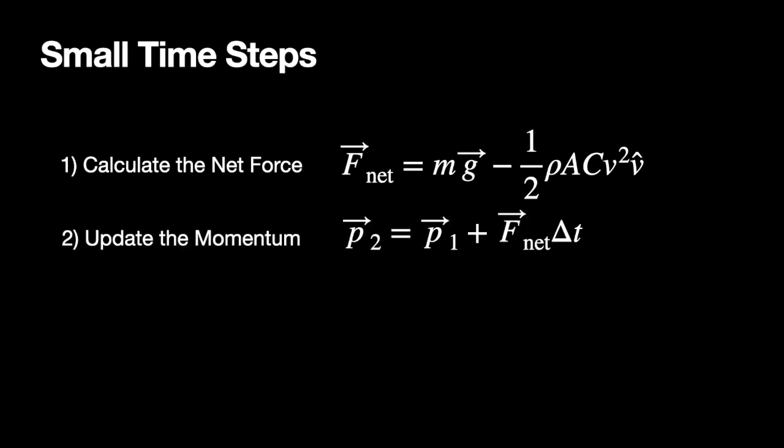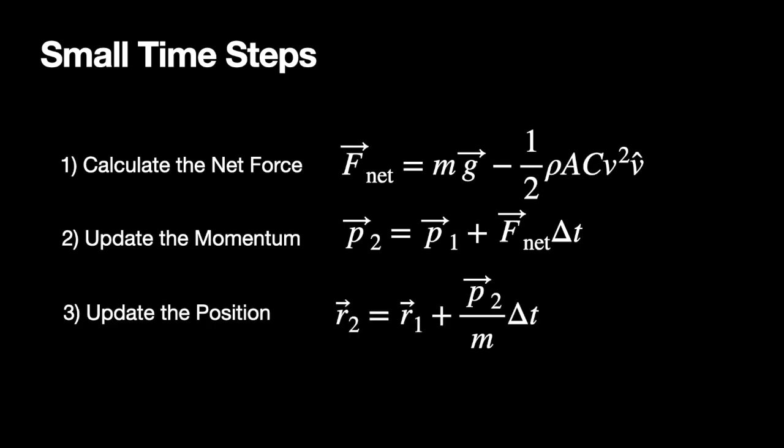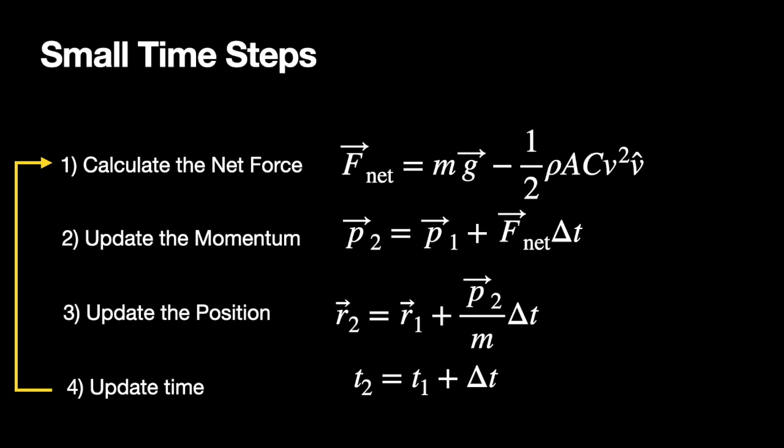But if I assume it's constant, I can use that constant force to find the momentum at the end of that time interval. This is using the momentum principle for a short time interval. Then I can use that momentum to find the new position at the end of that time interval. Then I can update time and repeat this over and over again.